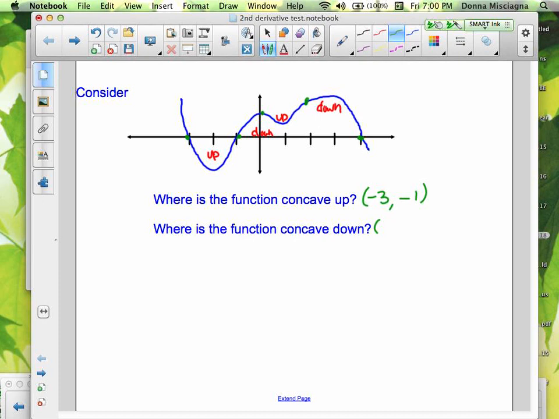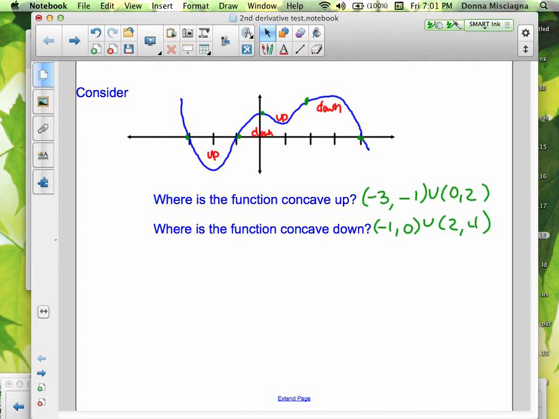We'll put it at 0. -1 to 0. And then it's concave up from 0 to 2. And then it's concave down from 2 until 4. And if you haven't guessed it, we're going to be looking at changes in concavity. Hence my opening problem.